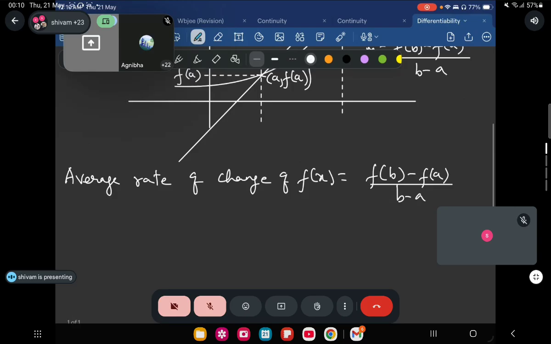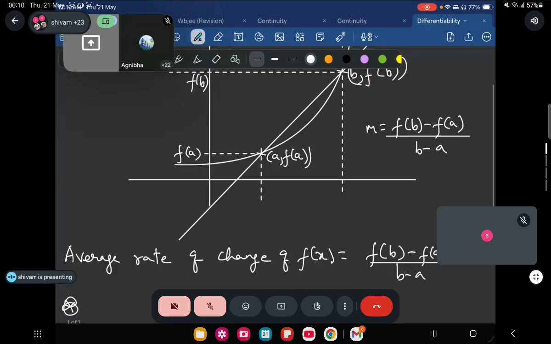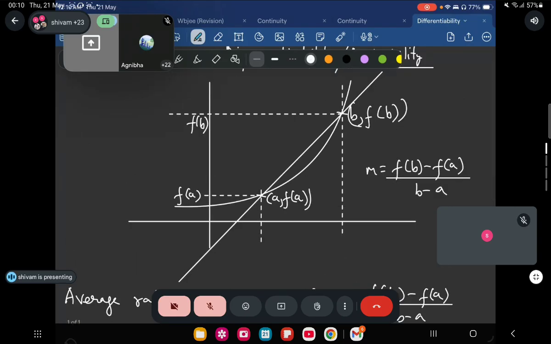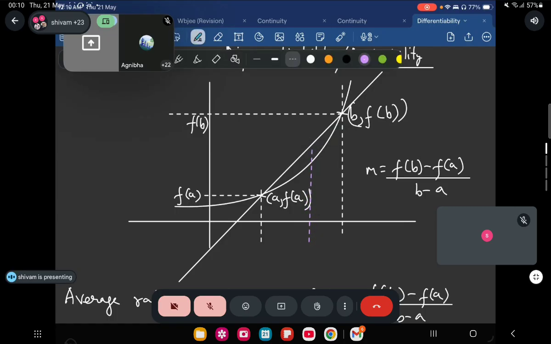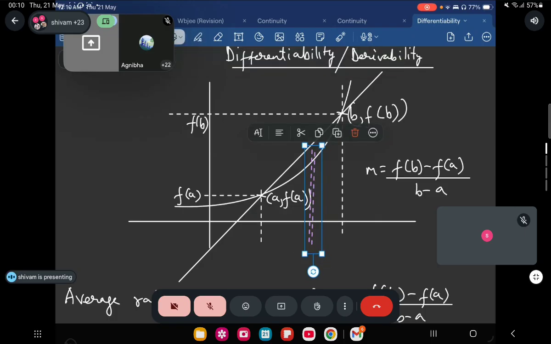Next. Now everyone, as the interval decreases, let us say I want to find out the average rate of change in the smallest interval possible. Then what is it known as? If I reduce the interval, what is it known as? Instantaneous rate of change, right?